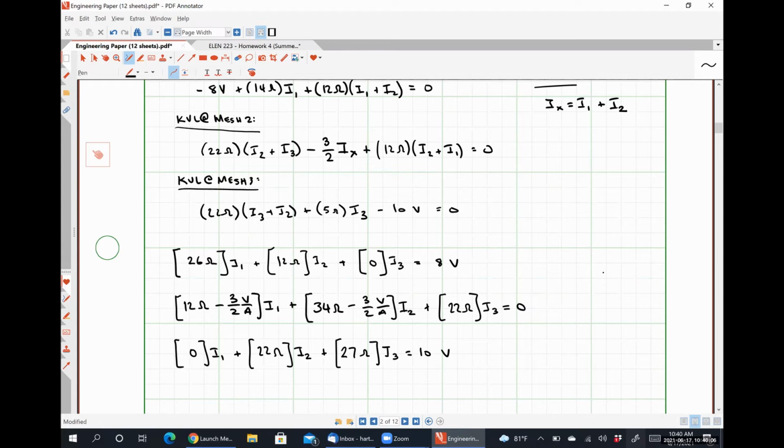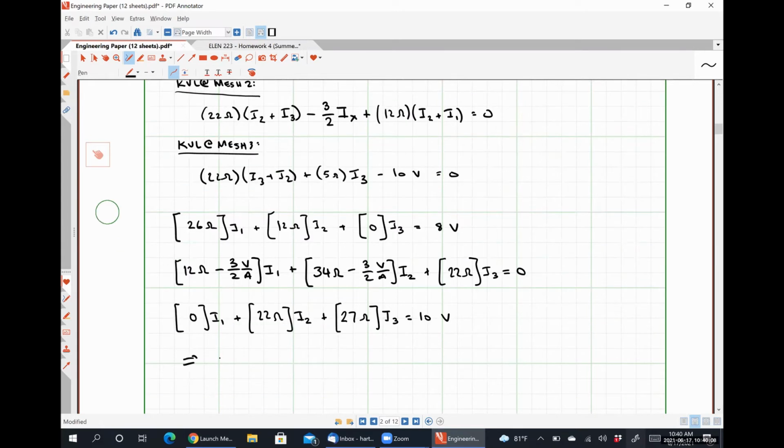Solve, and I get I1 is equal to 0.848 amps.